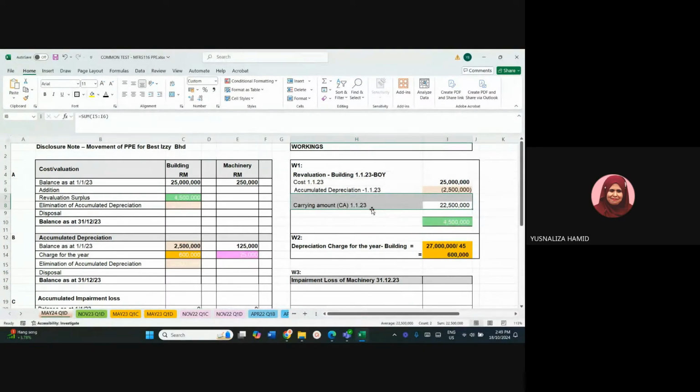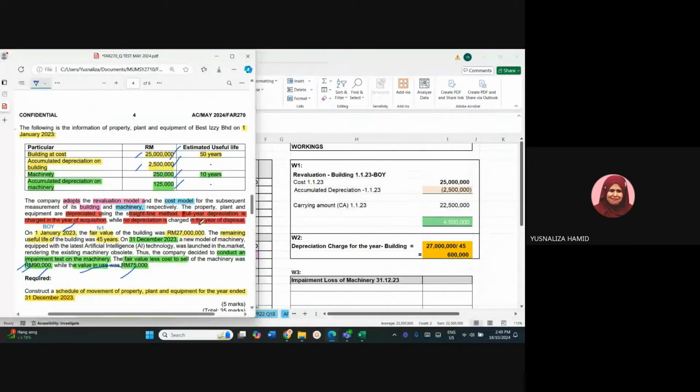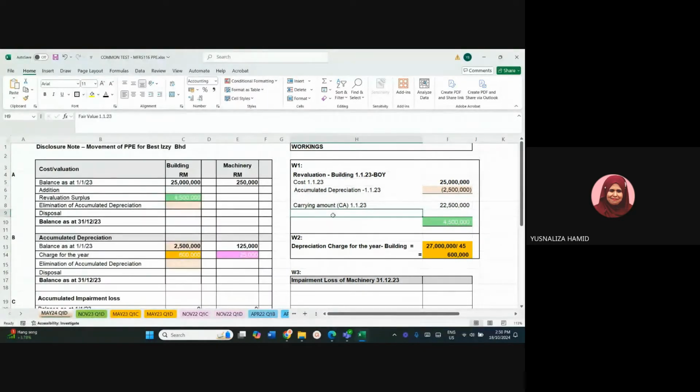Your first revaluation also took place at the beginning of the year, fair value 1st of January, so you will compare with that fair value. The fair value on this date is 27 million. After you have done that, you will see that fair value is more than the carrying value, so that will give rise to a revaluation surplus.